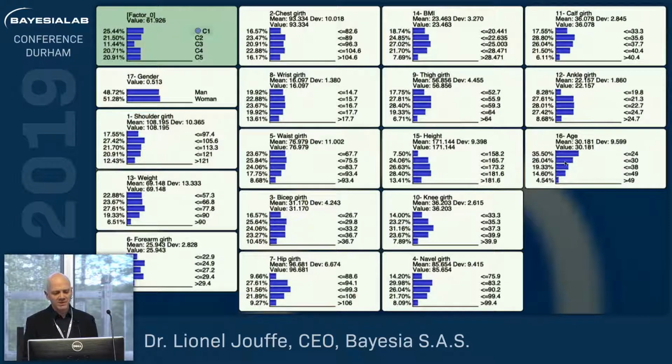This one is sorted with respect to C1. So it's really like creating a dummy variable, C1 versus all the others. And now you can see that the order is different because it depends only on C1. These are the variables that are really useful for discriminating between C1 and all the others. Right? So now, see, gender is the most important driver.